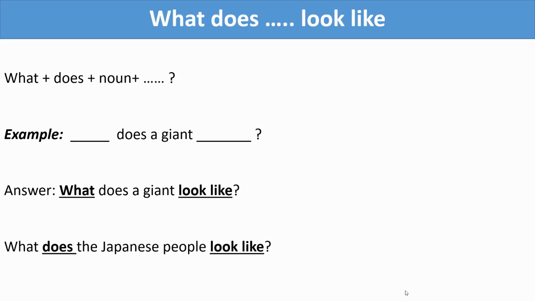What does the Japanese people look like? জাপানের জনগণ দেখতে কেমন? What does a giant look like? একটি দৈত্য দেখতে কেমন? So I hope you can understand now the use of what does look like.